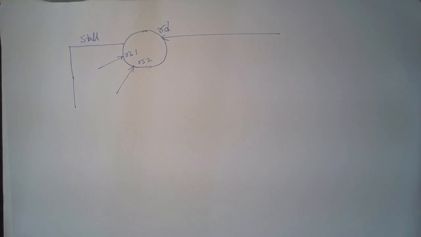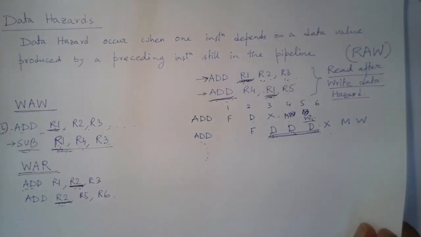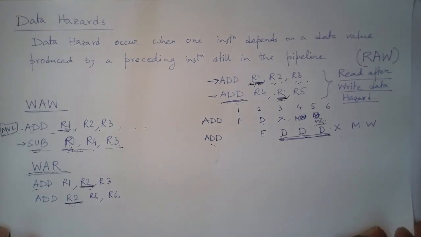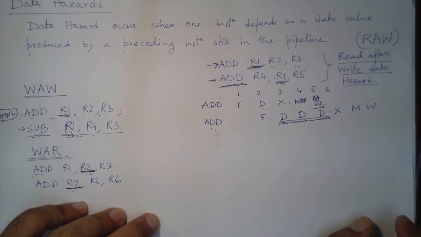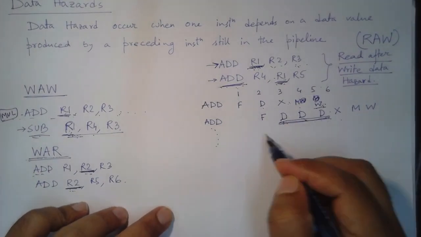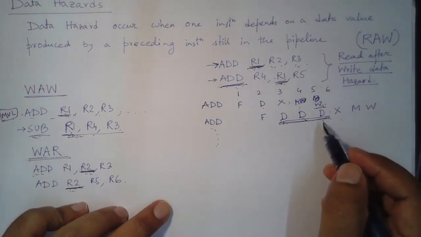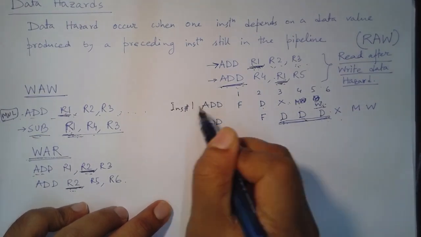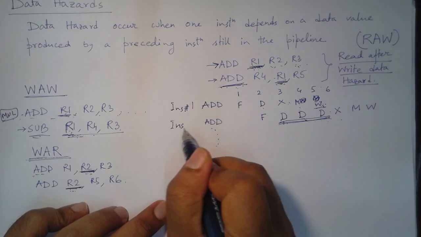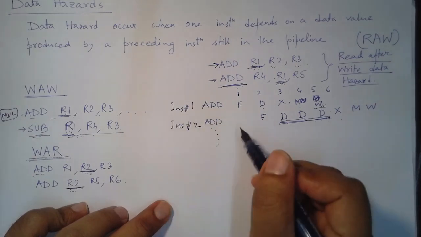Okay, let me remove this. So, this is the example I am trying to get back to. So, now if we look carefully in this instruction, and let us say this is your instruction 1 and this is your instruction number 2, all right.